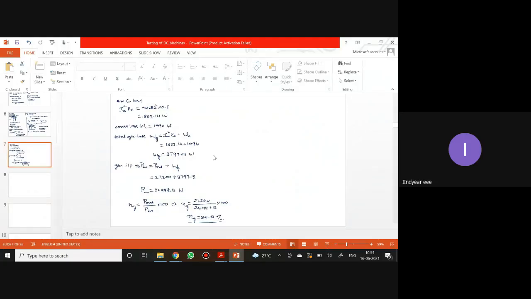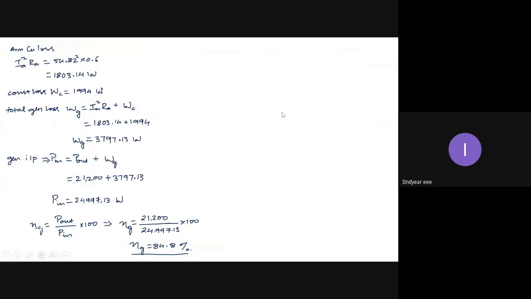So this is the example where we have to calculate the change in speed from no load to full load.